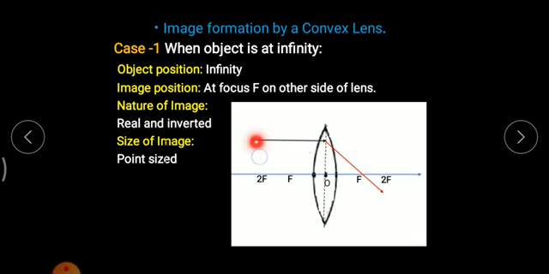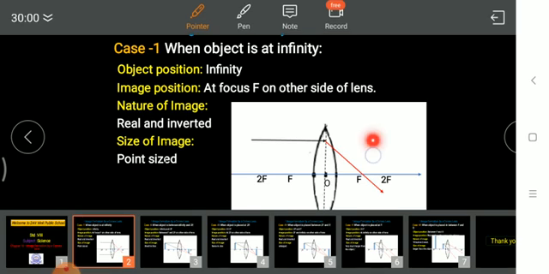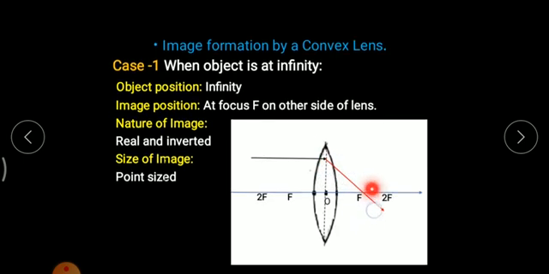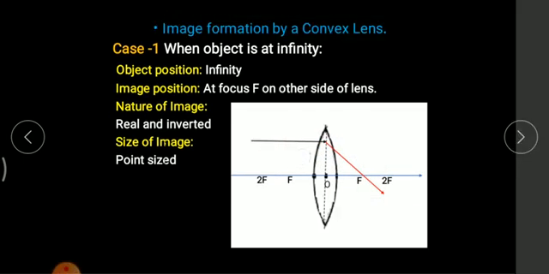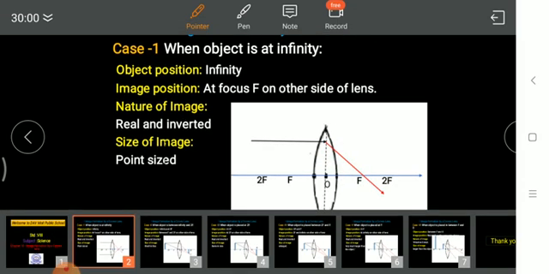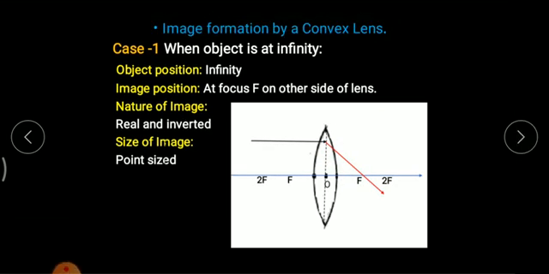So this is a ray of light from infinity, an incident ray indicated by a black line. Since this is a refracting, transparent medium, at this point of intersection the ray of light will converge at one particular point. That particular point is the focus, and this red line is a refracted ray. This is the incident ray and this red line is the refracted ray. This refracted ray will converge at this point, which is known as the principal focus.